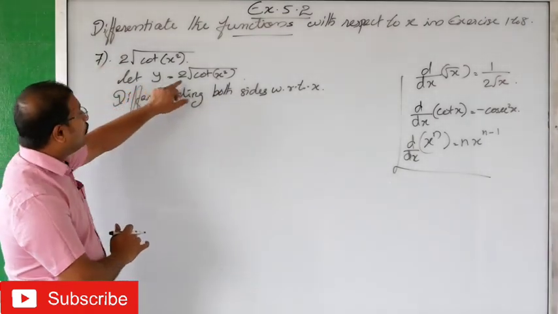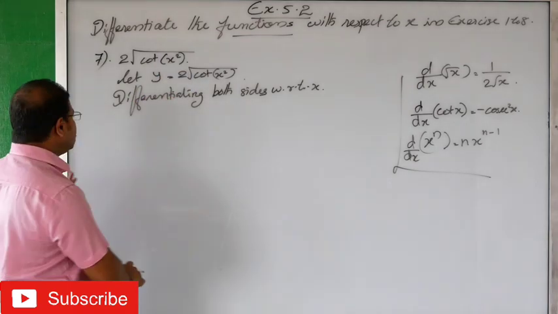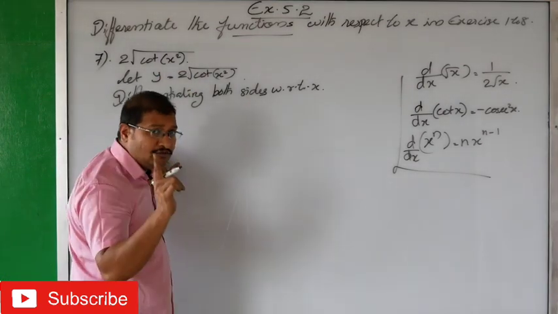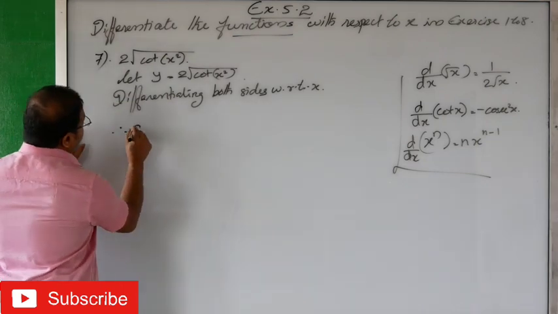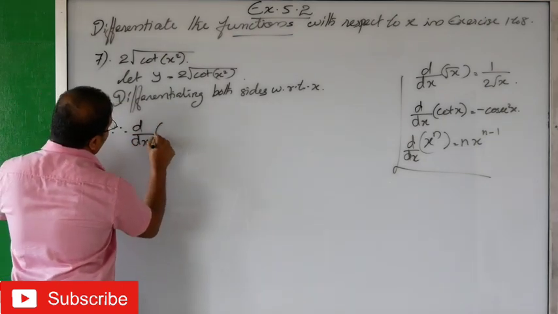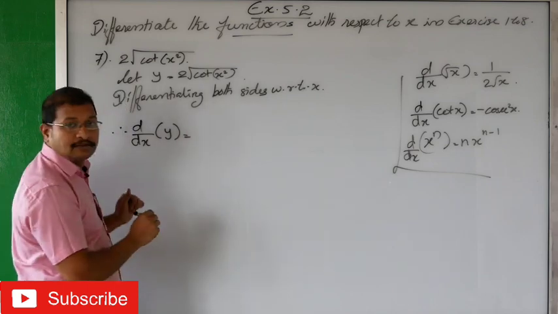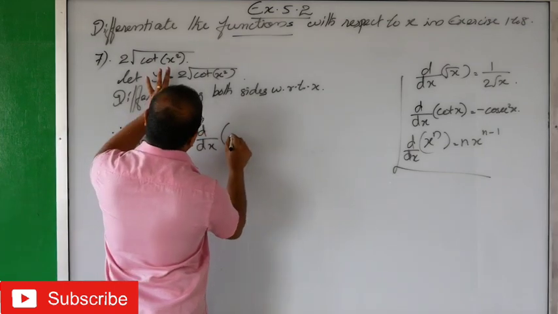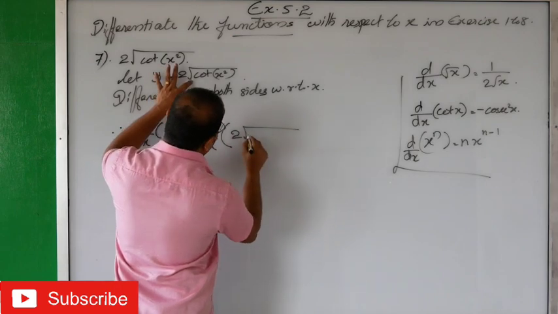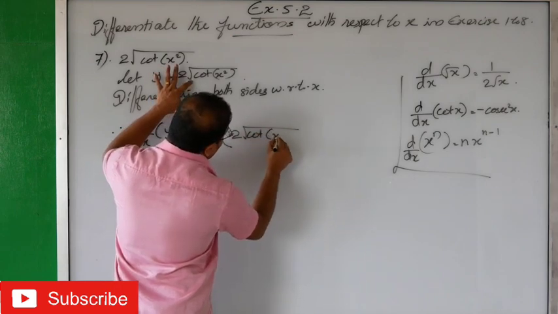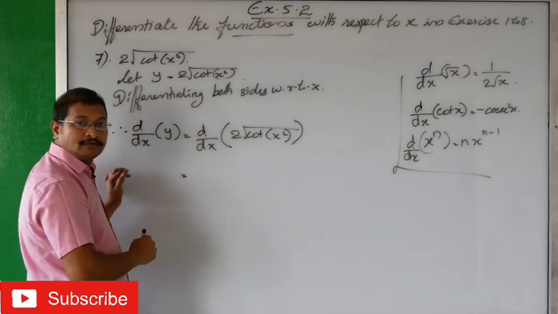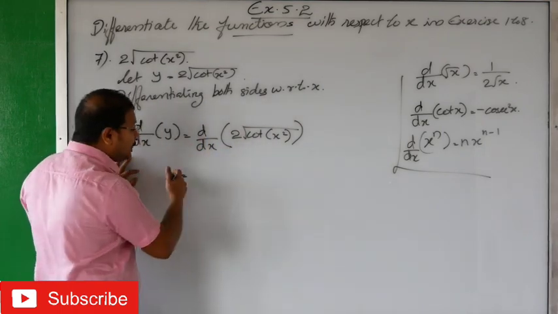First we will write, let y equals what is given. After that we will write differentiating both sides with respect to x. Therefore, derivative of y equals derivative of 2 into root of cot x square, equals, since 2 is constant, we'll keep outside.